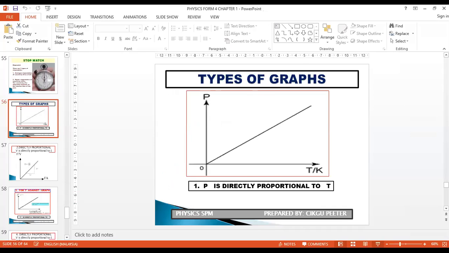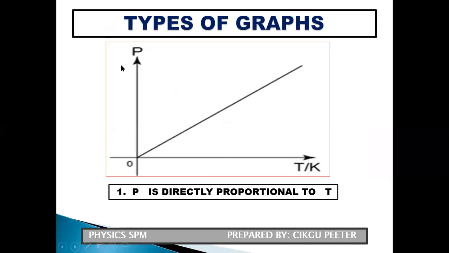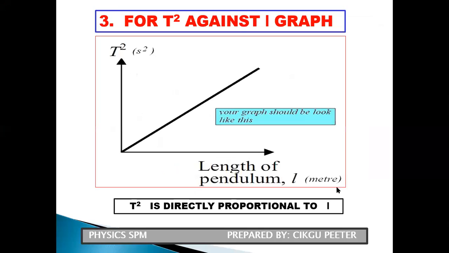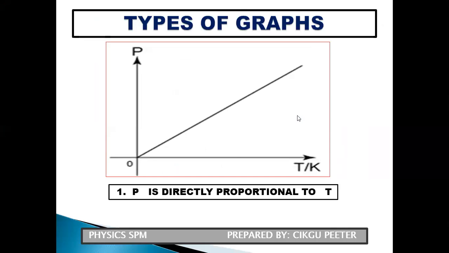Okay, types of graphs, if you see here carefully. First, P is directly proportional to T. V is directly proportional to I. Next, T square is directly proportional to L. So I repeat again.